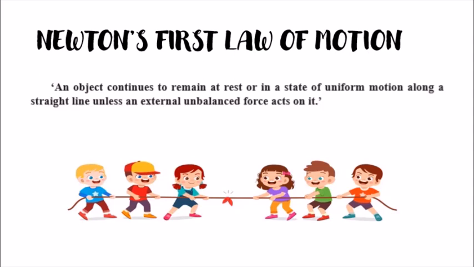Newton's first law explains this in the form of inertia, that is, the inability of an object to change its state of motion on its own. We have all seen that any object cannot change its motion on its own unless some external force is applied. It also explains the unbalanced forces which cause a change in the state of an object at rest or in uniform motion.